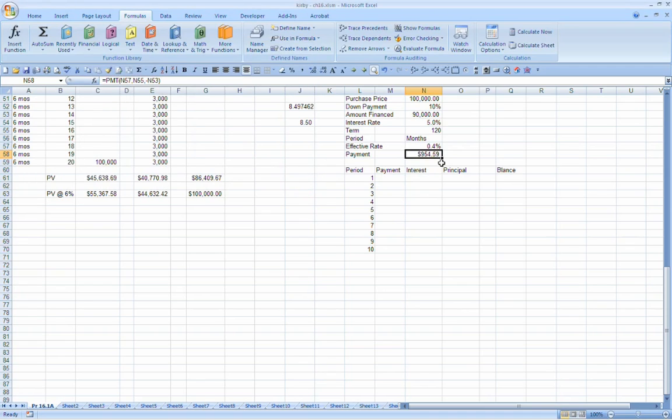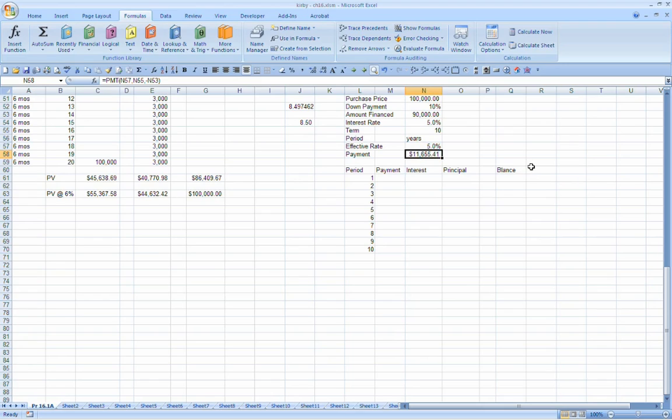Okay? So I'm cheating, but it's what I would expect you to do to get your homework to work right too. So I've got 10 years. Again, $90,000 loan, 5%, 10 years. Effective interest rate is 5%.